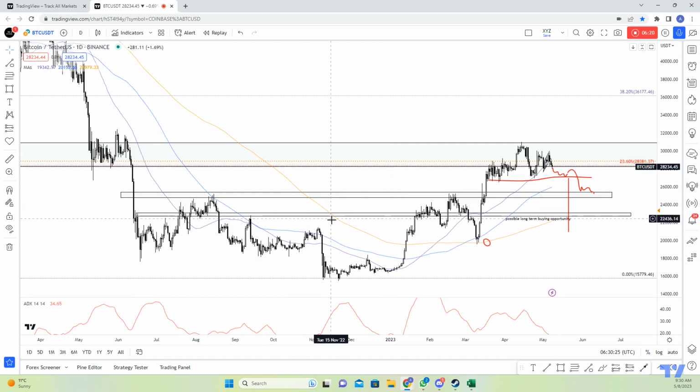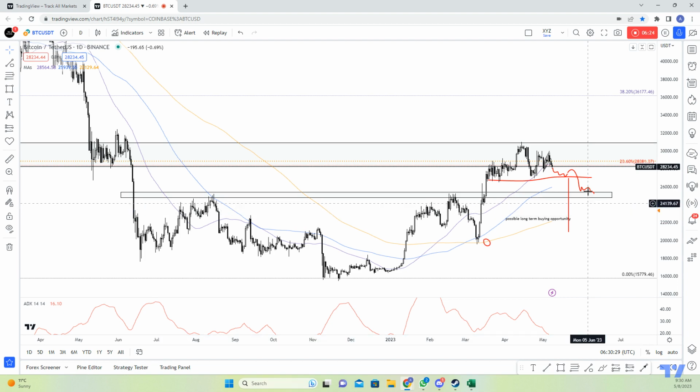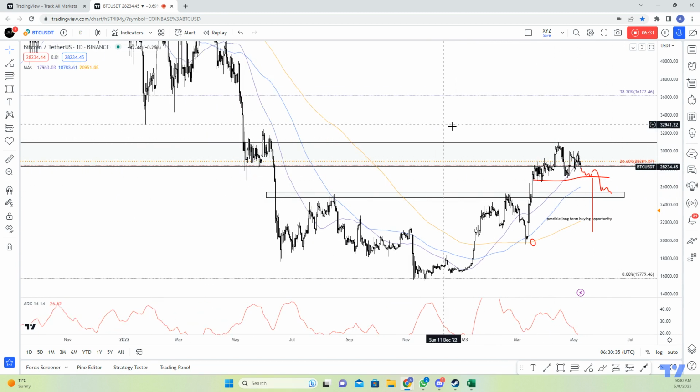So these are the areas that I'm looking for possible triggers. If we break below here, I will have to see how the price action behaves. But this for me is a possible long-term buying opportunity around 22K.